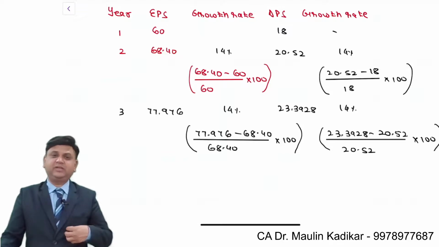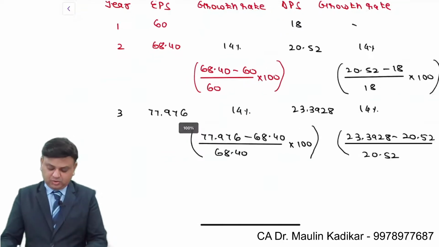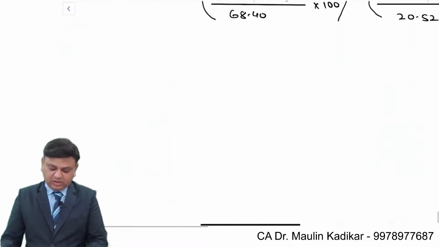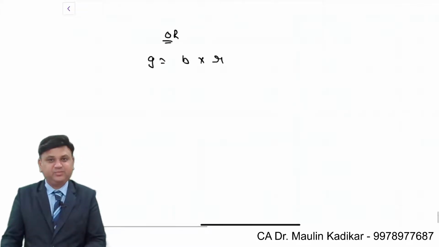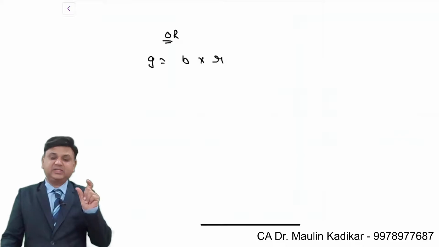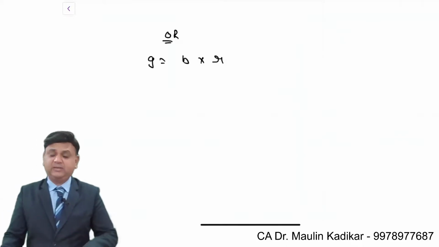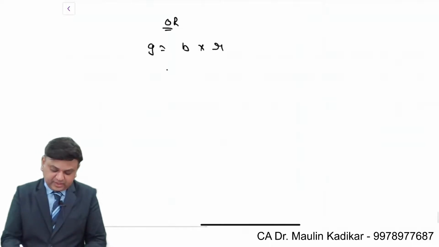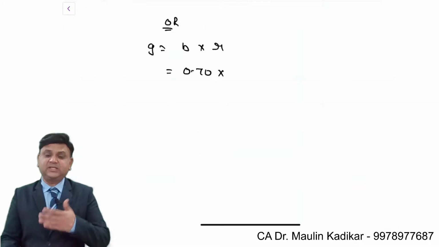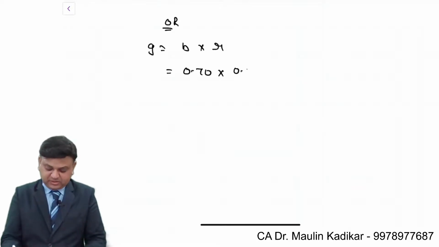This is of course a very detailed method. So we can do with an alternative method also. The alternative method works like this. G is equal to B into R. Simple. G stands for the growth rate. It can be computed as B into R. How much do we reinvest in the business? 70%. And what is the rate of earning of the company? 20%.